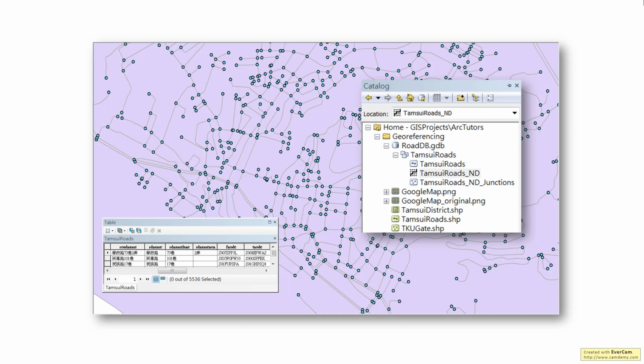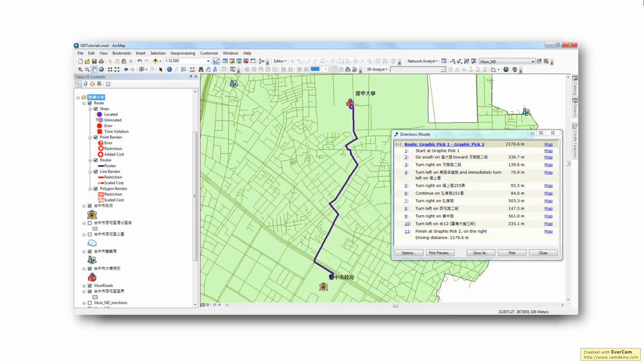First of all, it requires a street map. More precisely, it is a network dataset that stores geometry and attributes for each segment of street. With the network dataset, the algorithm can calculate the shortest path in terms of distance and time.